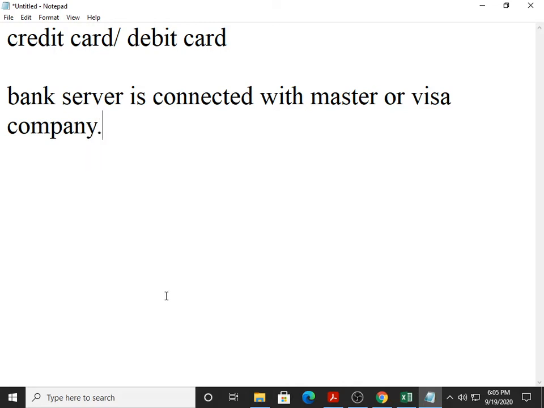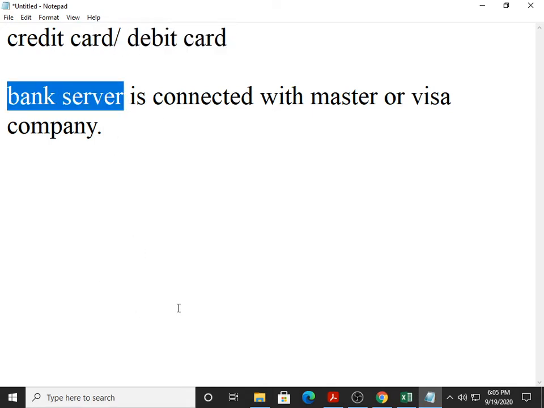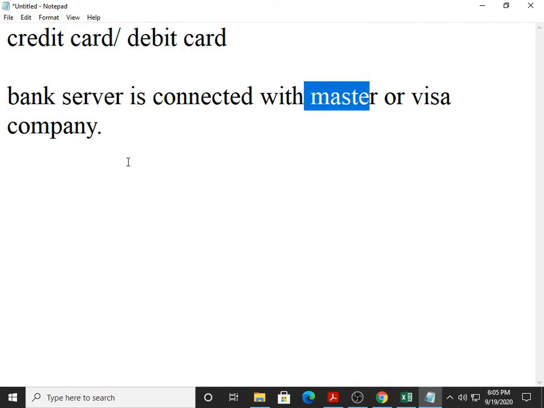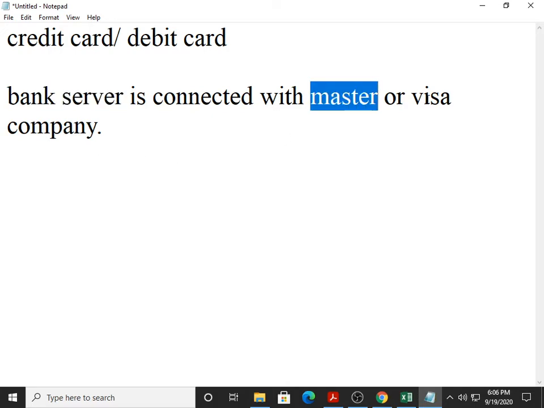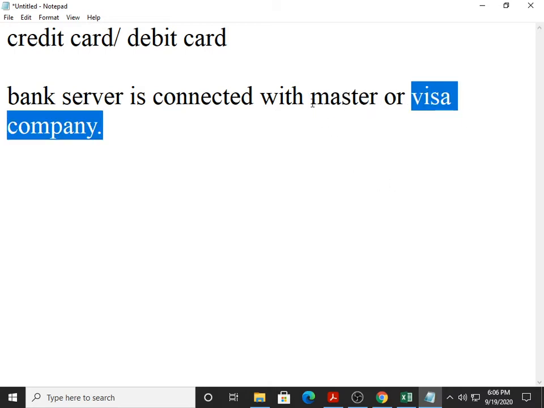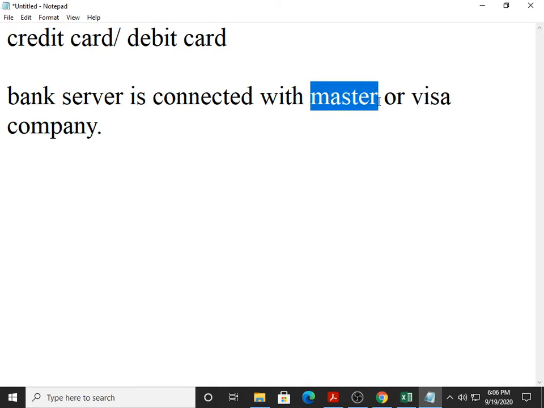Because when anybody gets a credit card or debit card, the person's detail is available in the bank server and also in the server of MasterCard and Visa card. So whenever a transaction occurs, the bank server will ask the MasterCard or Visa card company whether the card is correct or not, because the card is manufactured by MasterCard and Visa card, and they are taking high charges in terms of foreign currency. Second thing, their server is far away from India, so it takes some time also.